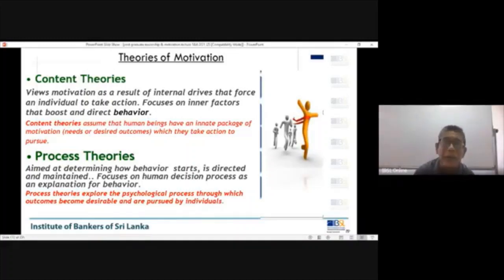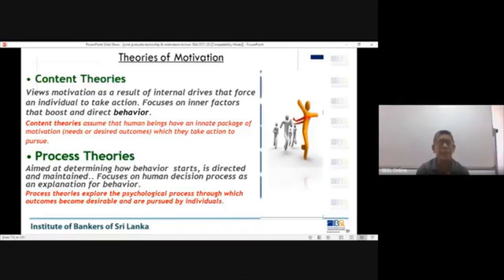Now we are going to discuss the theories of motivation. Theories of motivation can usually be categorized into two levels: one, content theories, and the other, process theories.